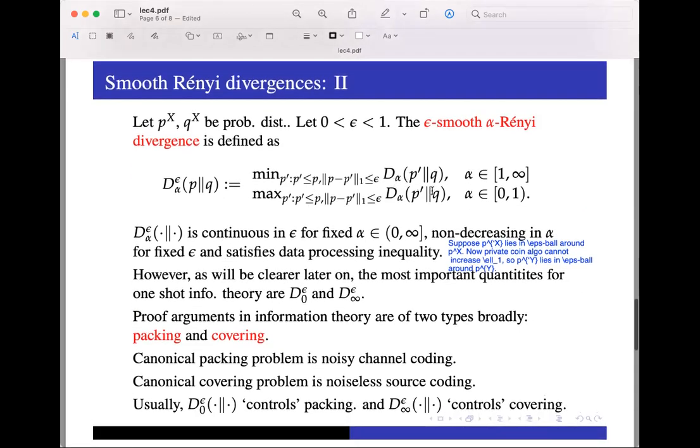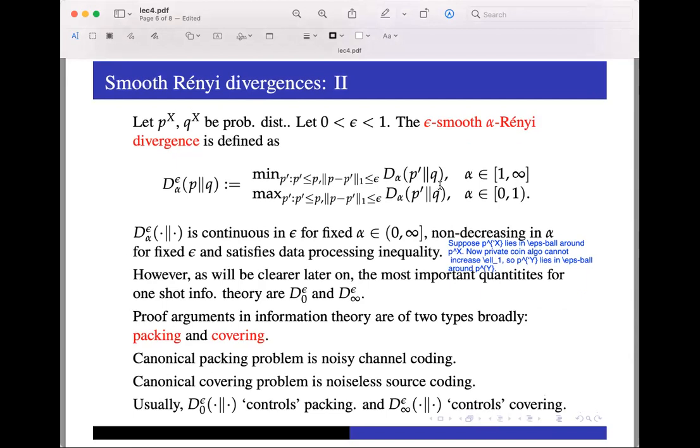So I have to minimize over P prime in the epsilon ball around P. So I find a minimizer. And now this d epsilon beta was really d beta, the beta Renyi divergence, evaluated on P prime and Q. So I take that.